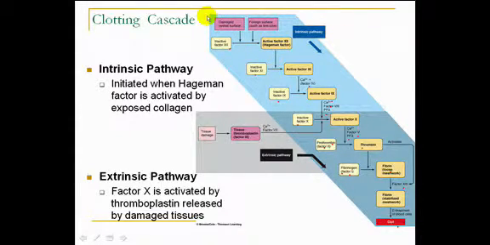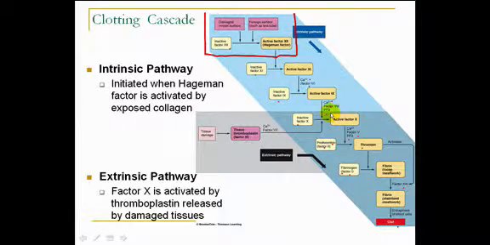Okay. What you need to know for sure. You need to know the first step. You need to know that the damaged vessel activates factor 12 or Hageman factor. And then Hageman factor activates the next guy. That's all you need to know. But then you need to know this last part here.